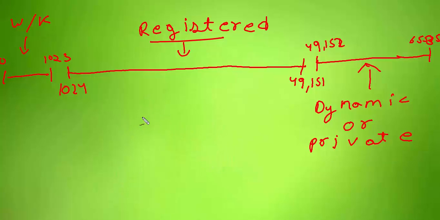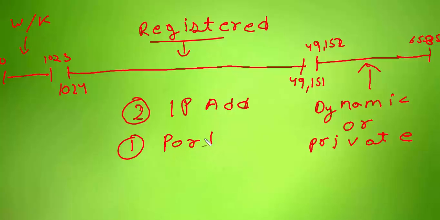So in real time, how does this communication take place? We have two identifiers. One is the IP address and one is the port number.